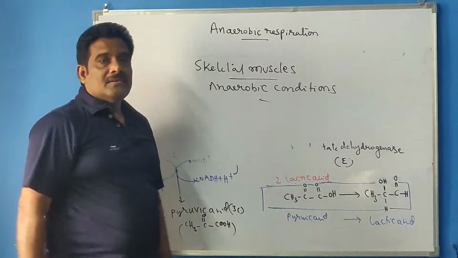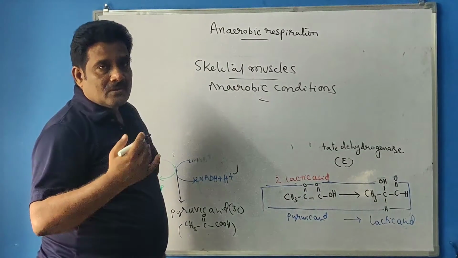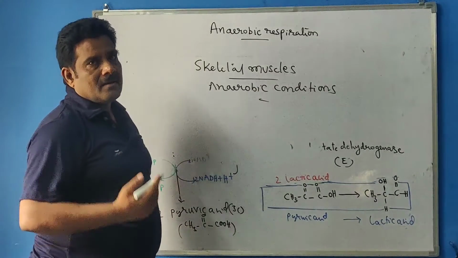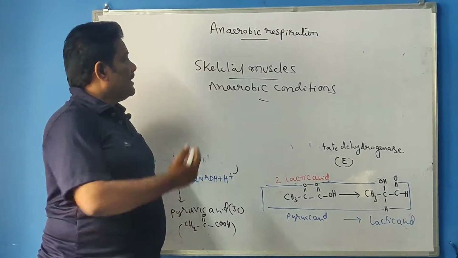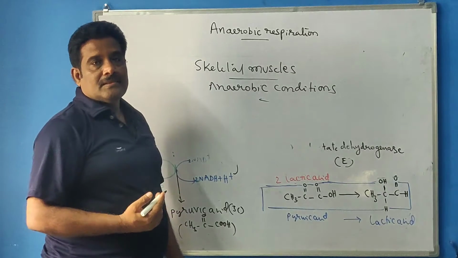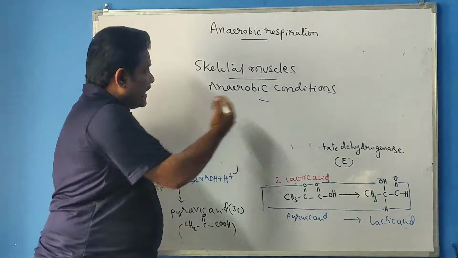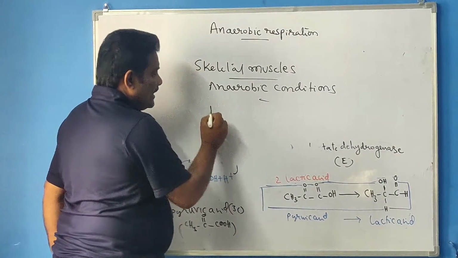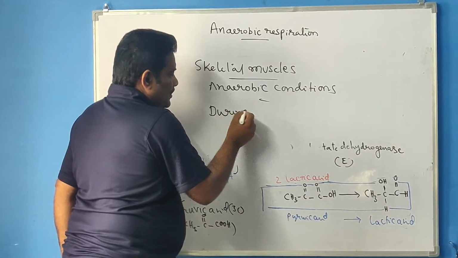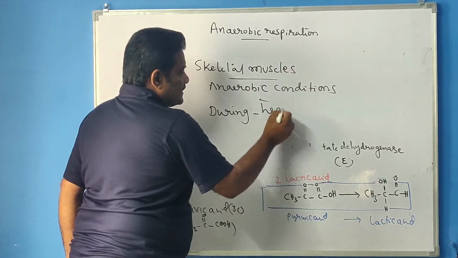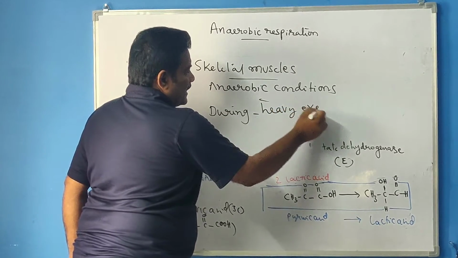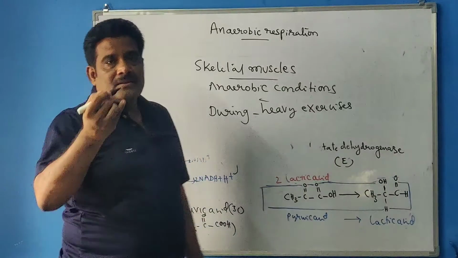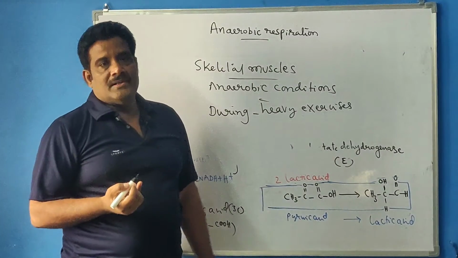When does this happen? When do muscle cells not receive oxygen? Actually, oxygen is supplied continuously, but under which conditions is oxygen not available to skeletal muscles? How are these anaerobic conditions created? During heavy exercises, the muscle cells will not get an adequate amount of oxygen.